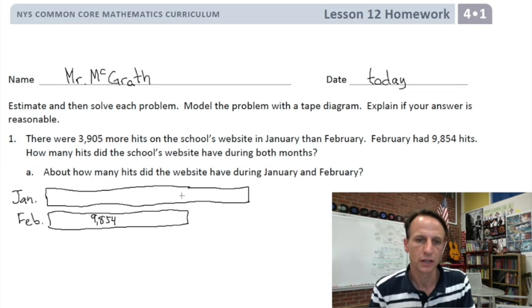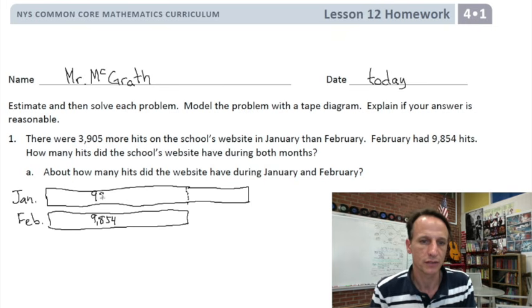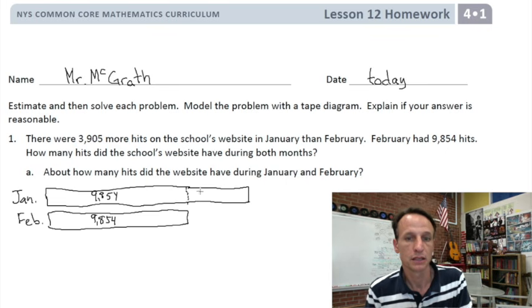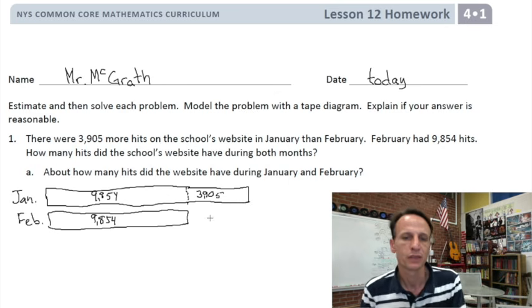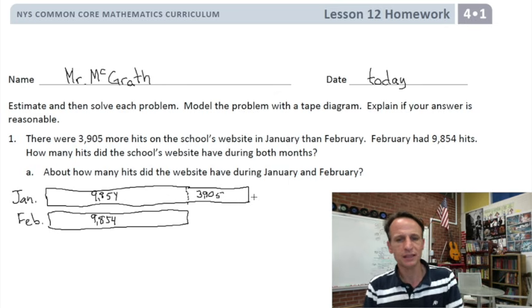In fact, you could even put a little dotted line there to show that this is, and I know what this number is. I could write February in here, but I know what it is, right? This is 9,854. And then the extra amount there for January's excess, 3,905.